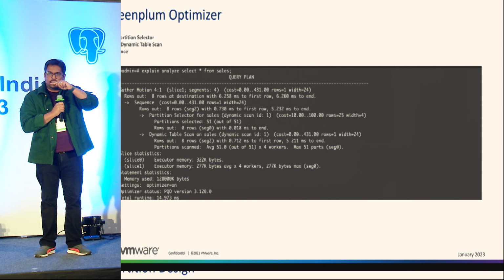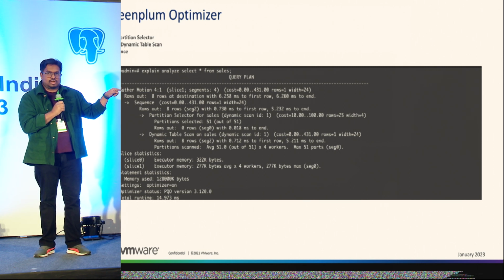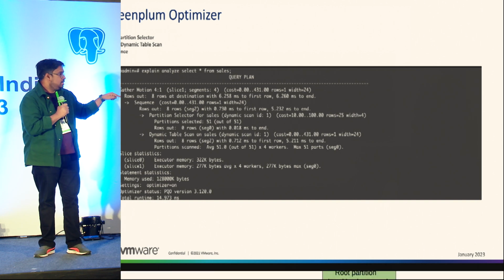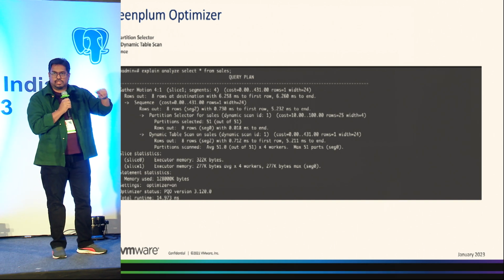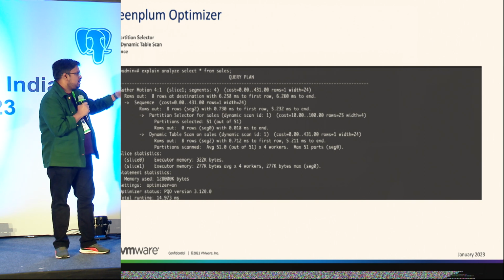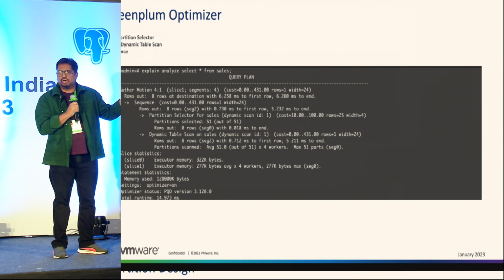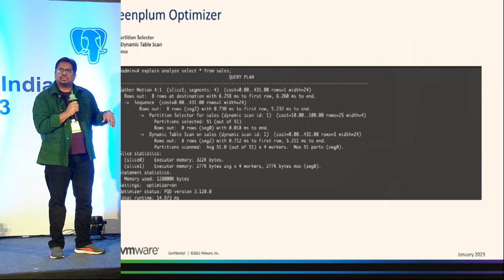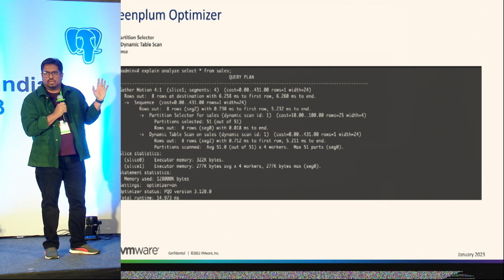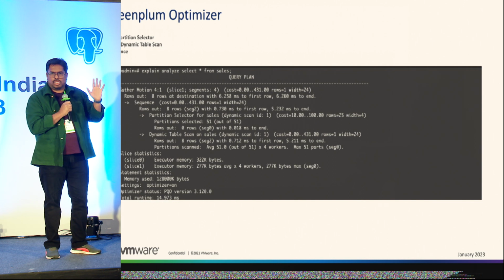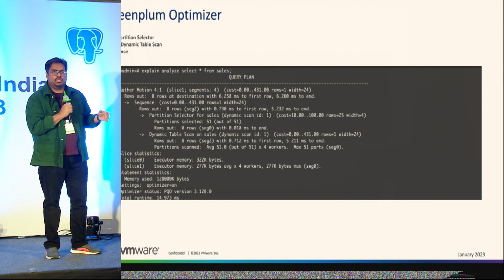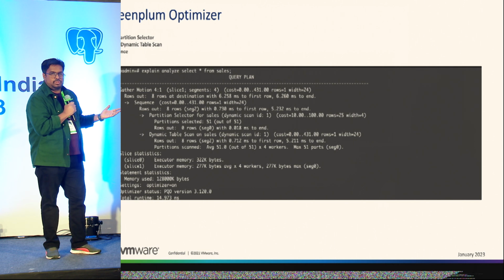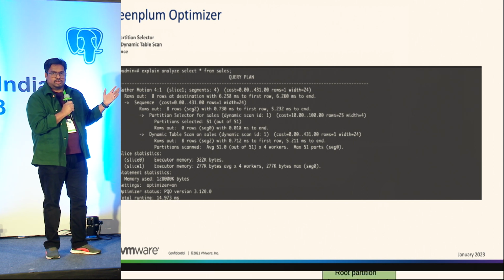It starts creating the partition scan and your dynamic table scans and does its work directly during execution time. So it eliminates the need to run a full table scan during the planning stage. In a warehousing environment with a lot of partitions, it saves some amount of time in the initial planning stages.